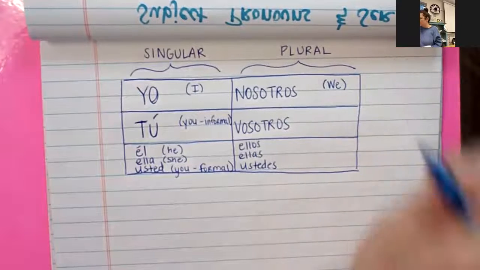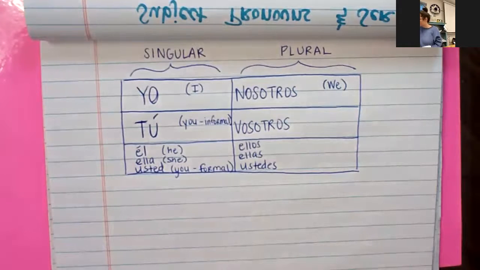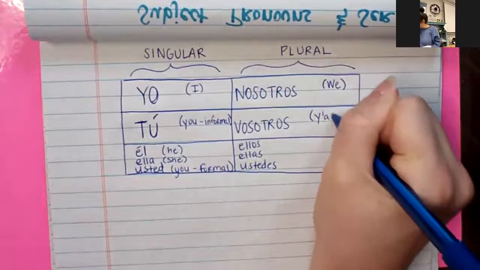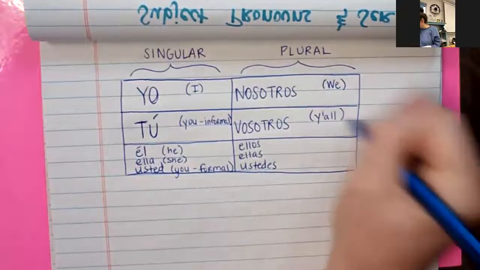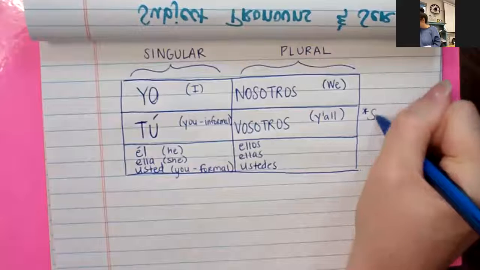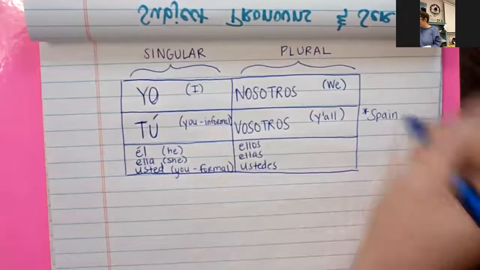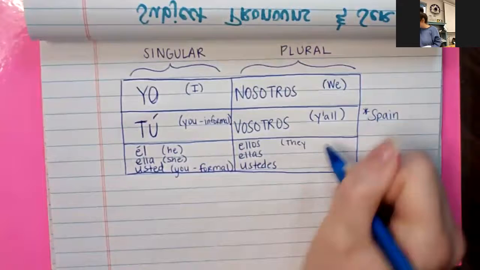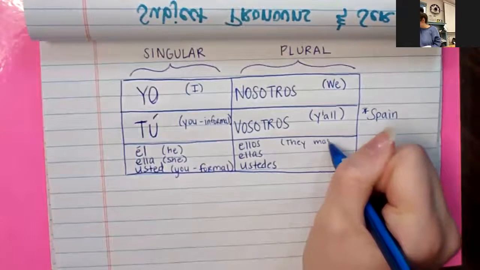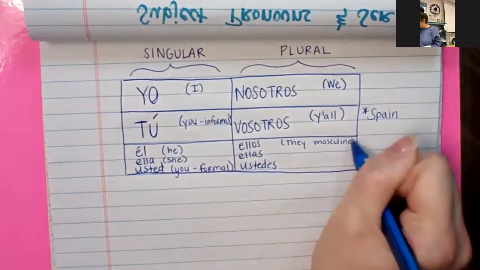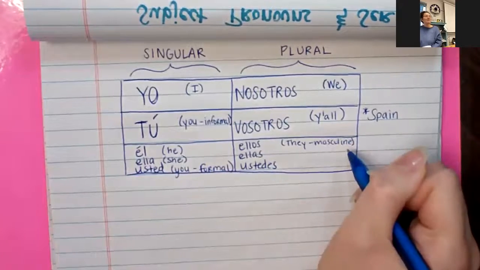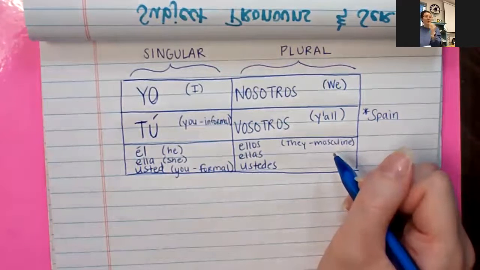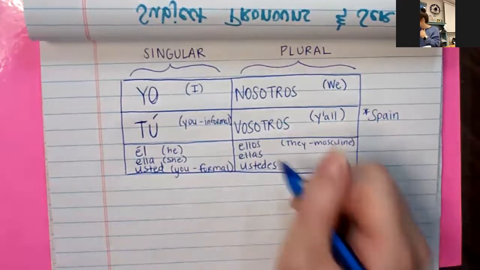So nosotros is we. Vosotros is y'all. And this is only in Spain. Ellos is they, masculine. And if you remember, the masculine just means it's a group of boys or it's a group of girls and boys.